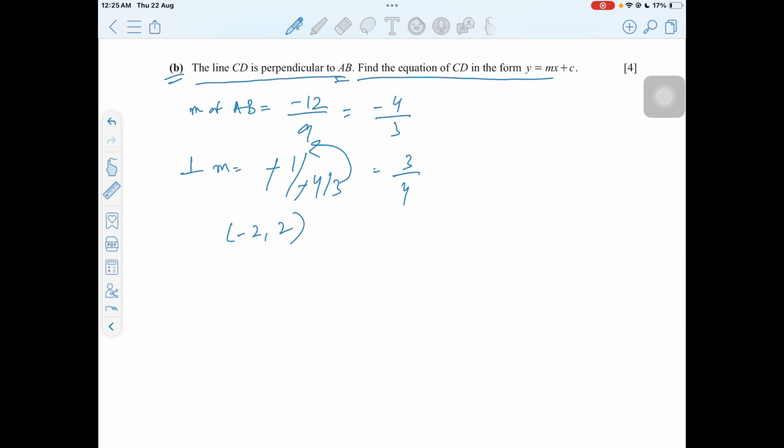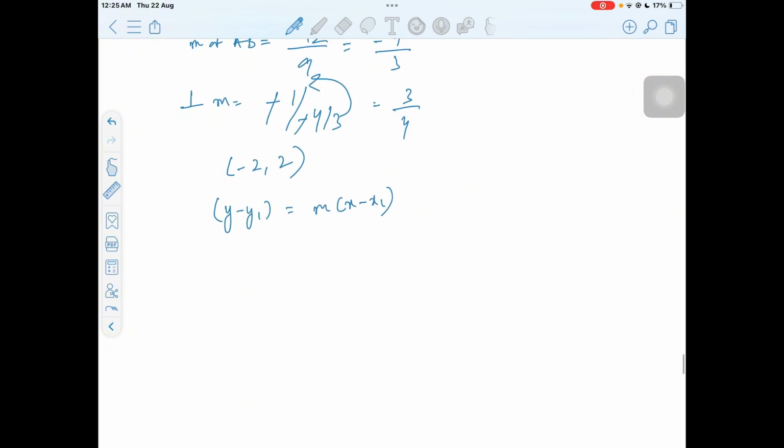So we can use the y minus y1 equals m times x minus x1 formula to calculate our equation directly. So we have m as 3 upon 4, x minus negative 2 would be plus 2, and y minus 2. So this would be 3 over 4x plus 3 over 2 again, and this 2 would be added over there.